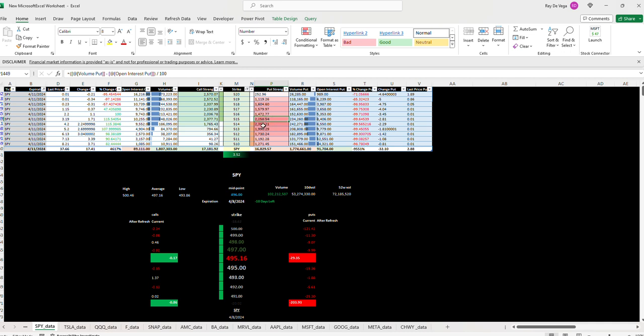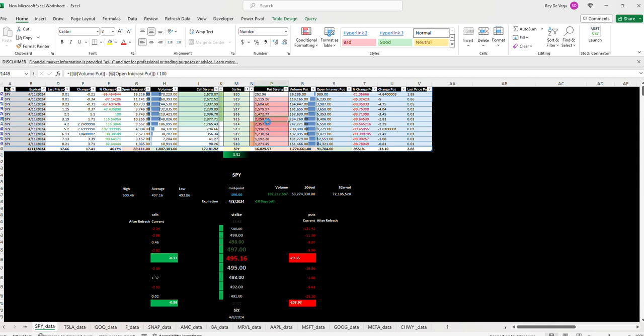So if the highest is 515 for the puts, and the highest is 25 at 520, and we're currently at 515 at this very moment, then I think it's safe to say that this is the puts bottom.